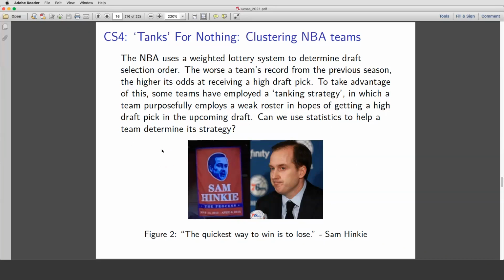So the reason I say this is, say you're a general manager at a team and you're trying to decide your direction: should we focus on a cliche rebuild, or should we, quote unquote, go for it? You might be interested in using statistics, in particular clustering, to see what might be your best option. So what do I mean by that?